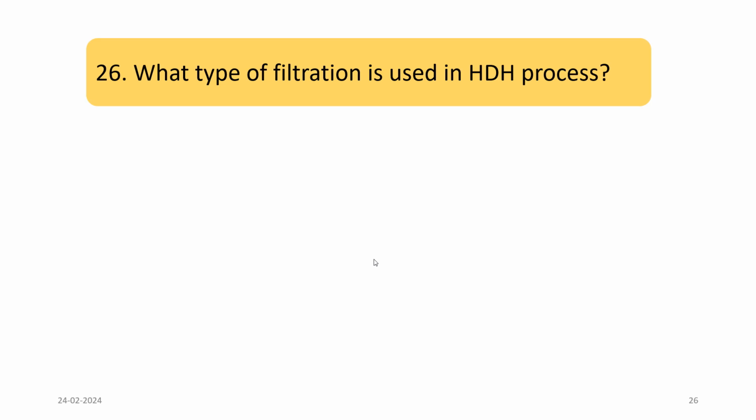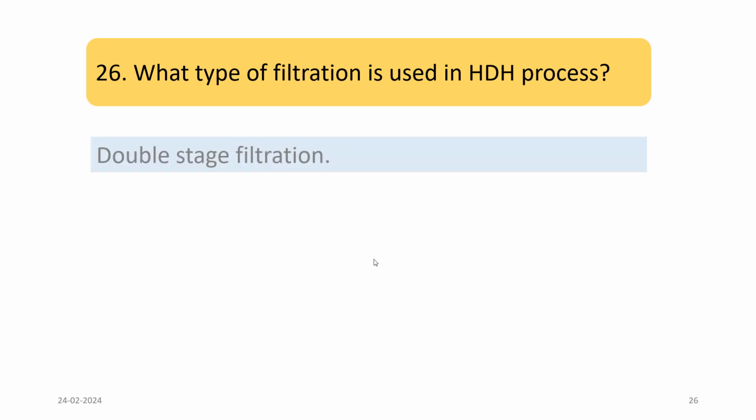Next is what type of filtration is used in hemidihydrate process? Like it is one stage, two stage, what? Second stage, ma'am. Yes, the double stage filtration is more efficient than the single stage filtration for HDH process.